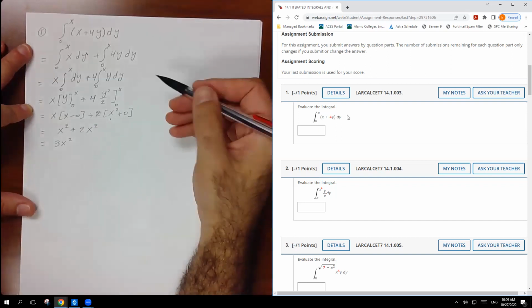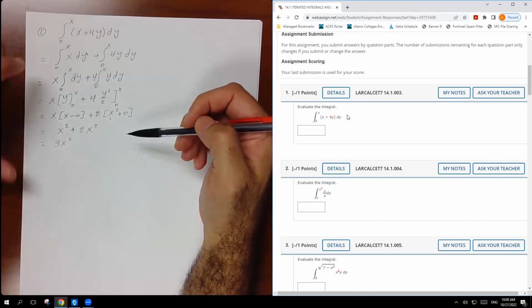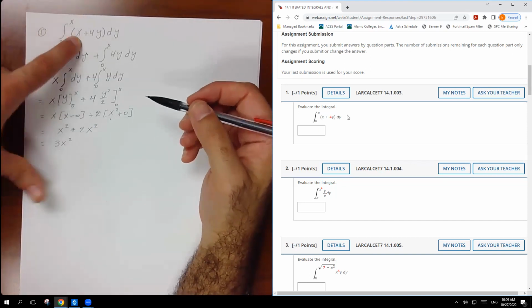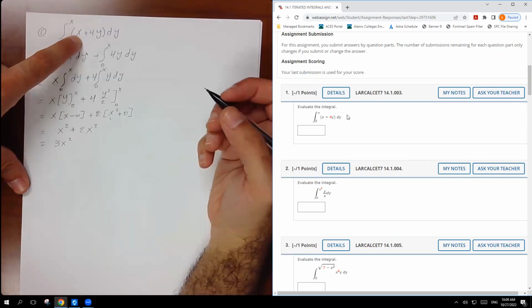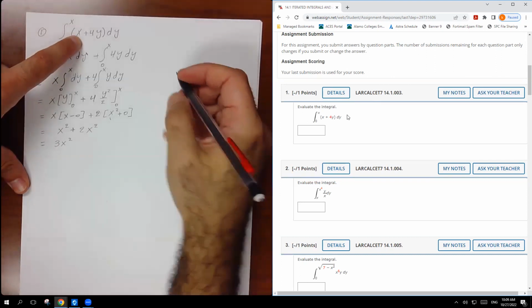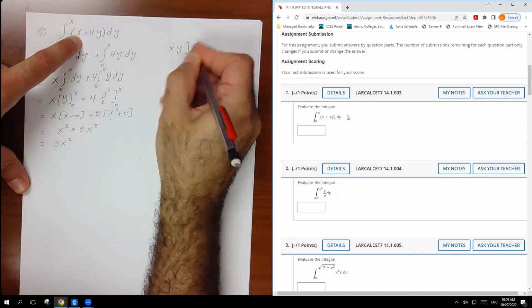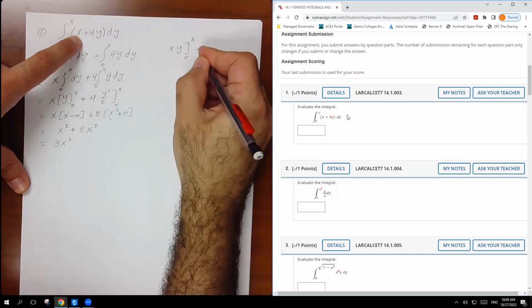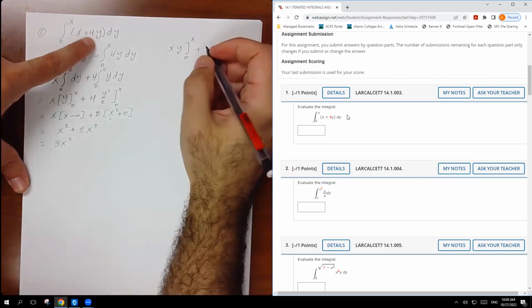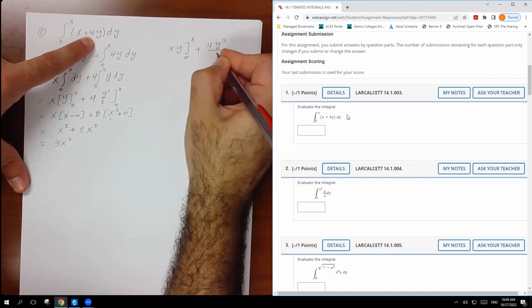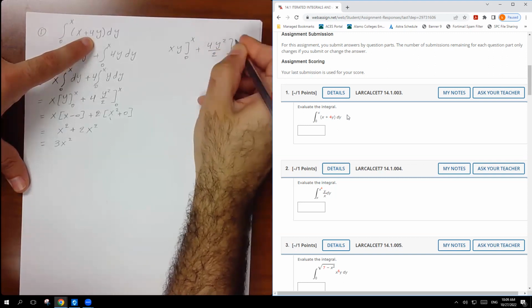Let's check. I'm doing all these steps, but you don't have to do these steps. You're just going to do the integral for x, but with respect to y. So you can do just xy from 0 to x plus the integral for y, which is 4y squared over 2, from 0 to x.